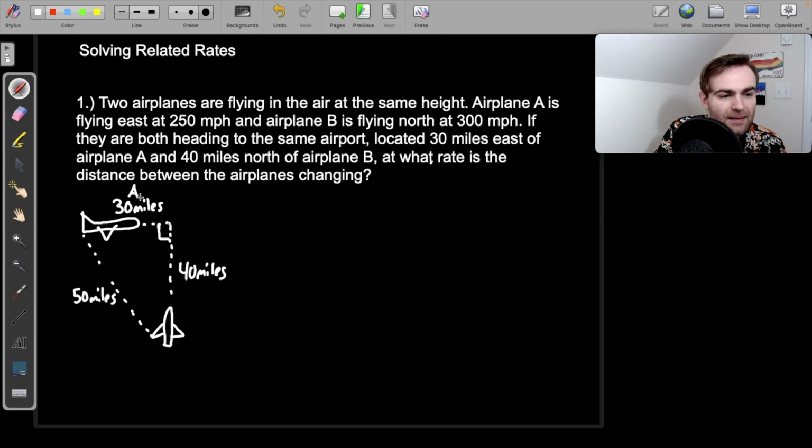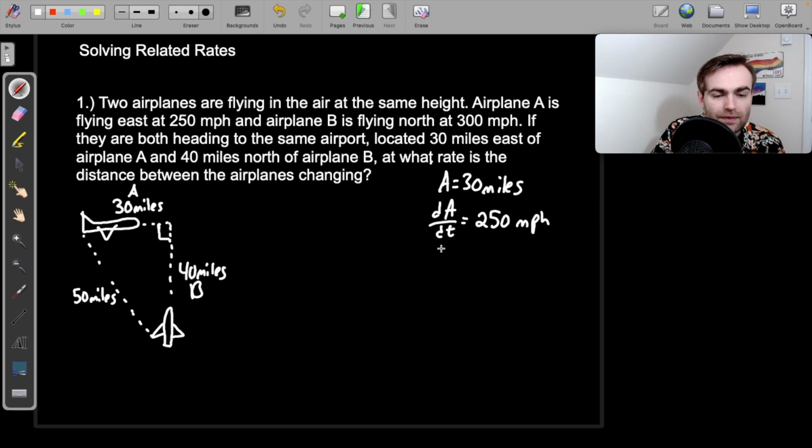I'm going to call this big A, and I'm going to call this big B for purposes. So we know that if we make our list of what we know, big A is equal to 30 miles. We know that dA/dt is equal to, airplane A is flying east at 250 miles per hour.